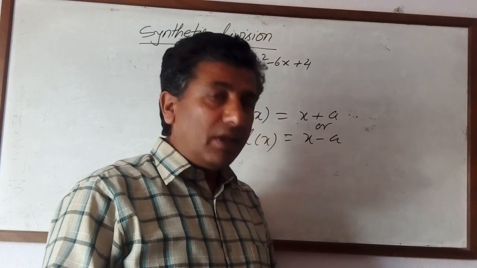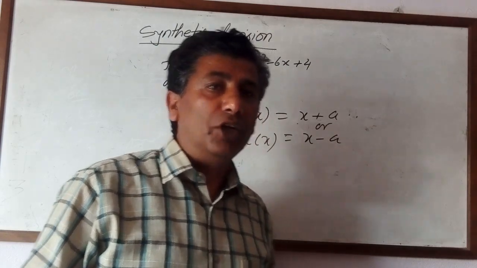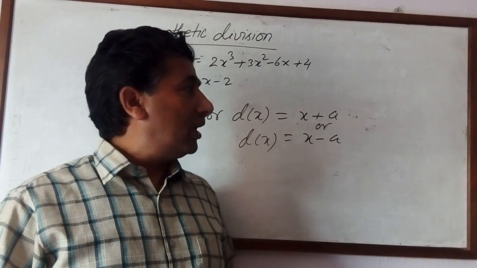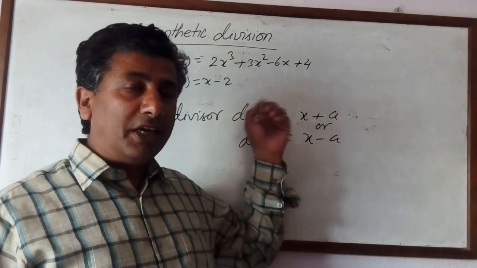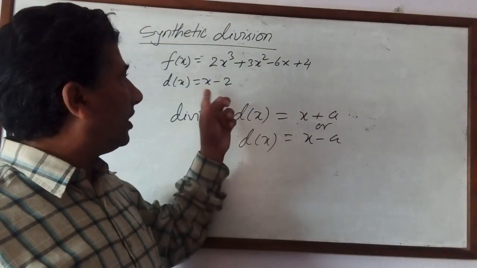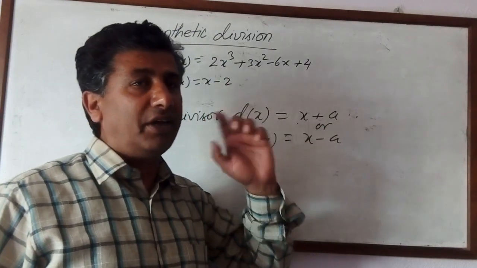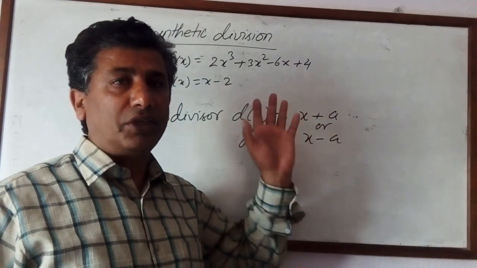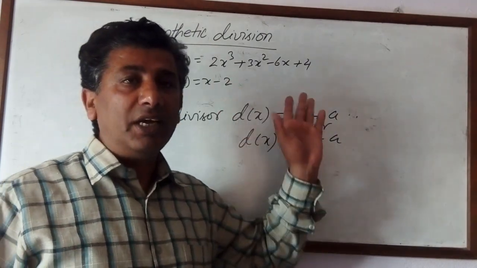In my previous video I also covered the remainder theorem and factor theorem. What is the difference between the remainder theorem and synthetic division? In the remainder theorem we can find only the remainder, but it does not give any quotient. We cannot find the quotient by using the remainder theorem.